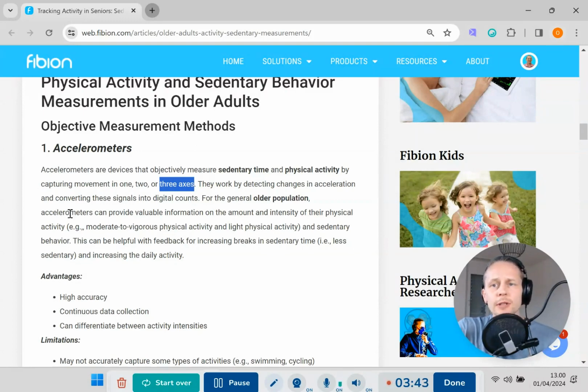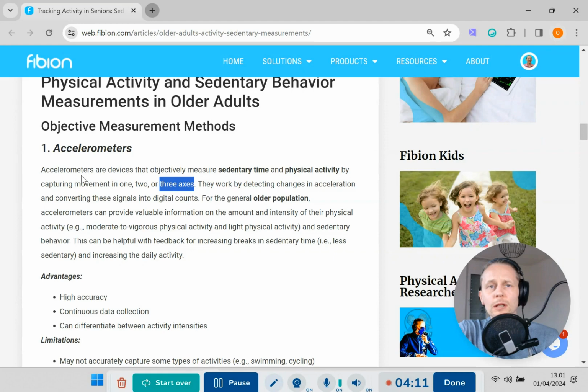A good thing to note is that with a thigh-worn accelerometer we can accurately detect position, so we can detect the difference between sitting and standing. This gives a more accurate sedentary time than, for example, hip or wrist-worn devices, which are based on lack of movement to define sedentary time.